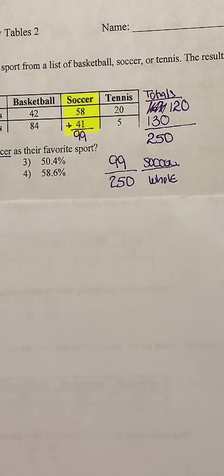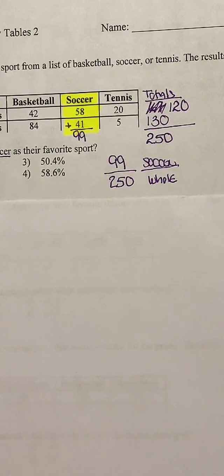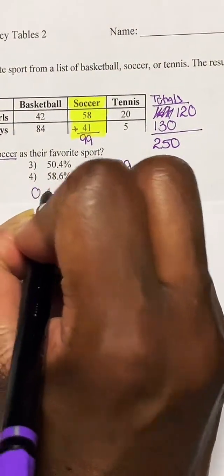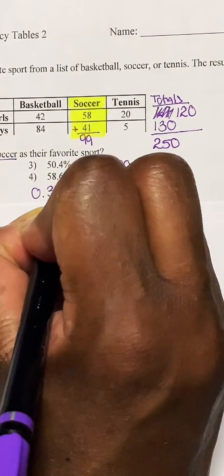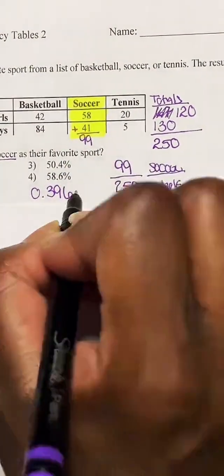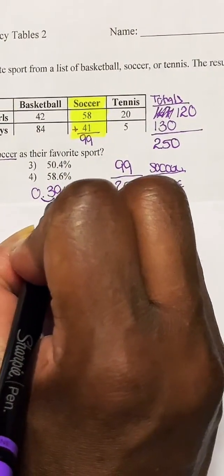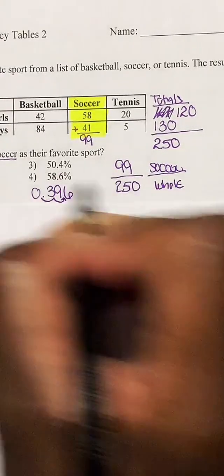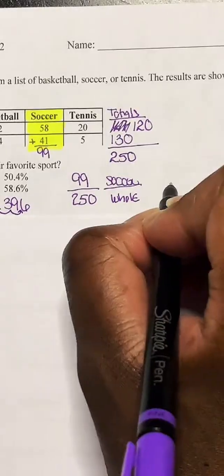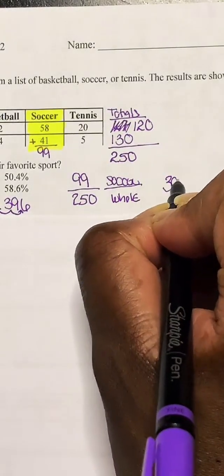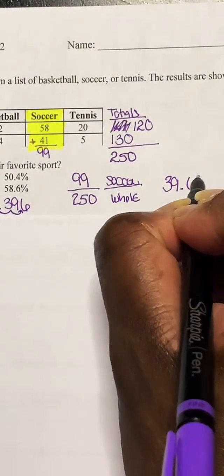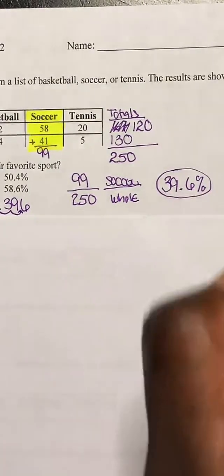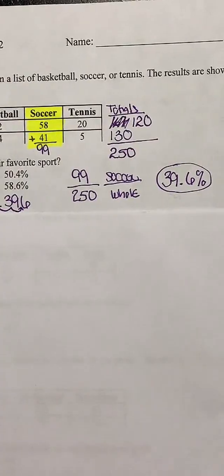So then it'll be 99 divided by the 250, which gives us 0.396, which if you multiply that by 100, that means move that decimal place over 2 spots, we will get 39.6%, or at least rounded to roughly 40.